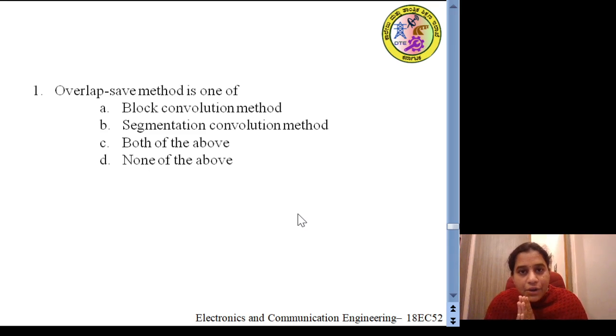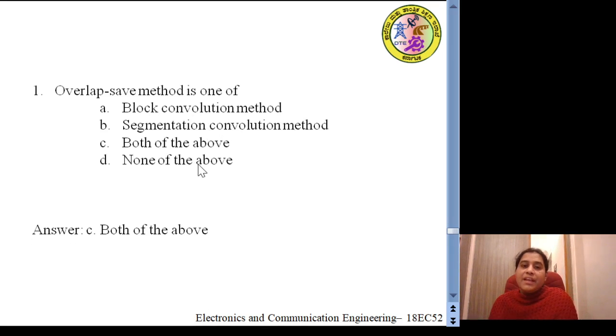We do this by considering the input samples and segmenting them into blocks. So we are making use of the segmentation operation as well as dividing into blocks. So the overlap save method is one of the block convolution methods and also a segmentation convolution method. So obviously the result is both of the above.